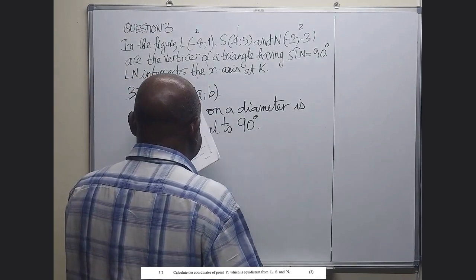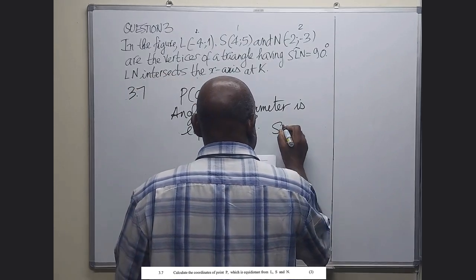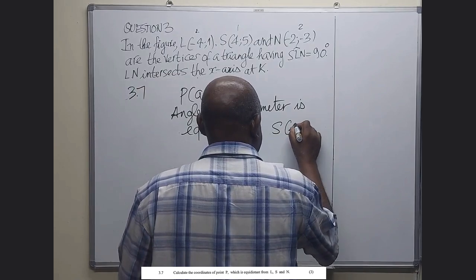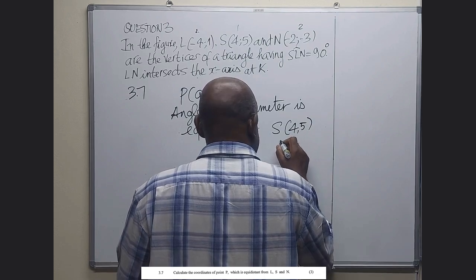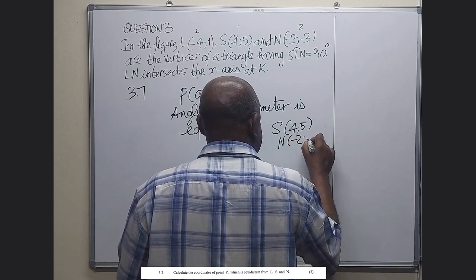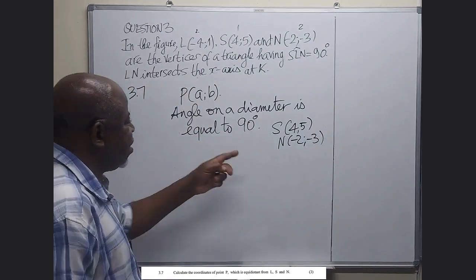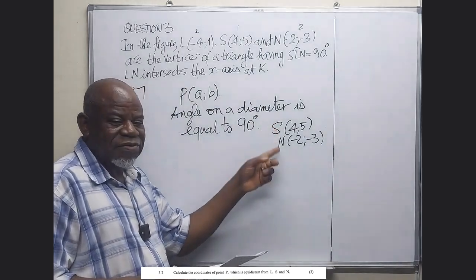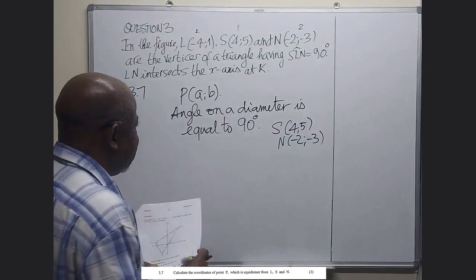Now, P will be the middle of points S and N. S is (4, 5) and N is (-2, -3). So P will be the middle of SN. It's so simple now to get the coordinate of P.